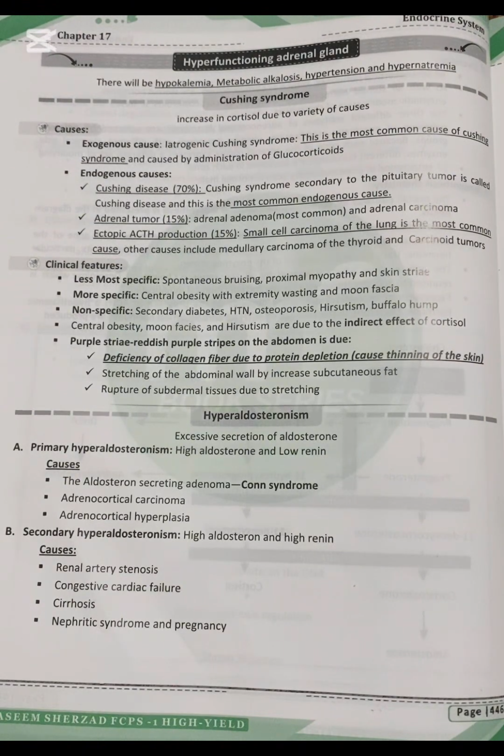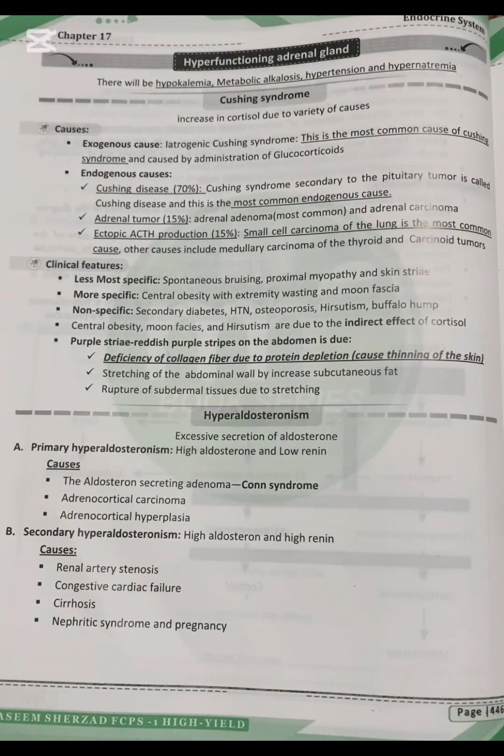Those which you are unable to solve, put a star on them and revise the topic again. If I have not written it properly, review it from some other textbook like BRS or Guyton, and add that point to the topic. If you are still unable to solve it, put a double star on it and share it with us in the group and we will respond.